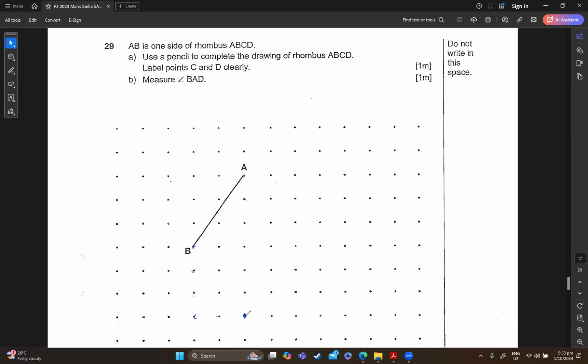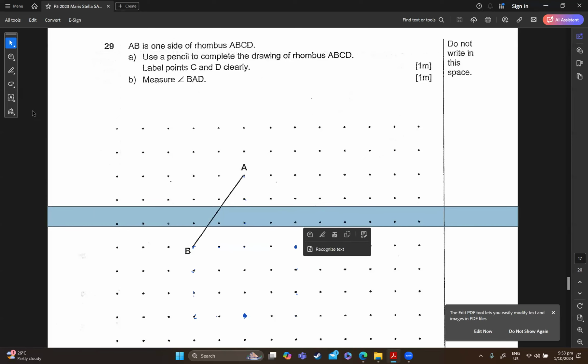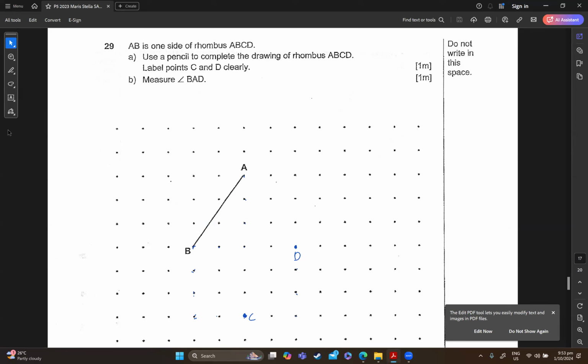So you mark this point. And then from here you go 1, 2. Then you go 1, 2, 3. Then you mark this point. Just A, B, C, and D. Okay. Then from here you just connect them.